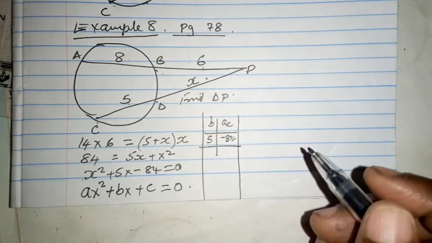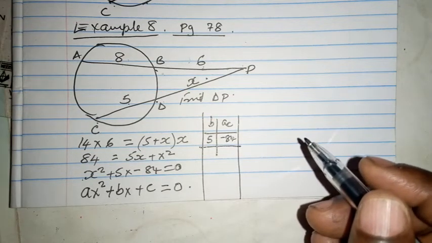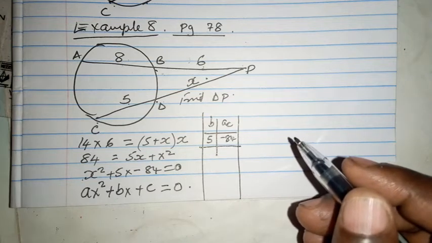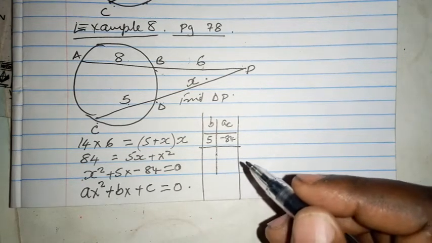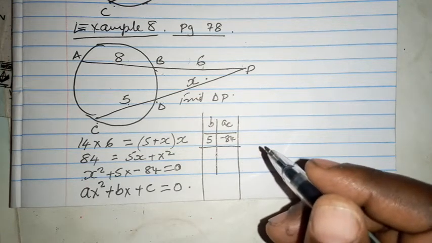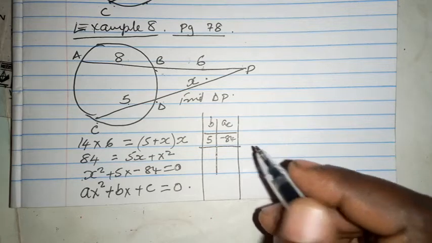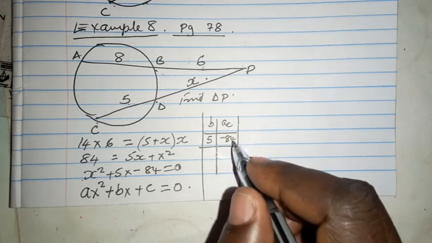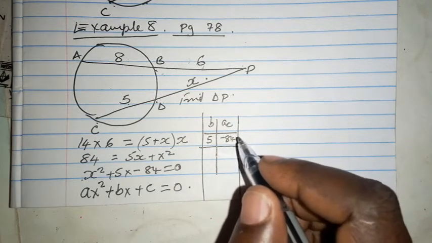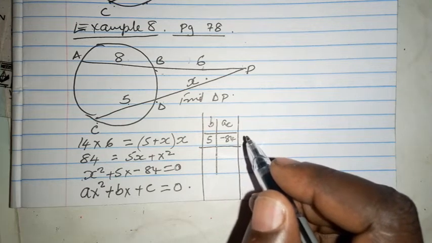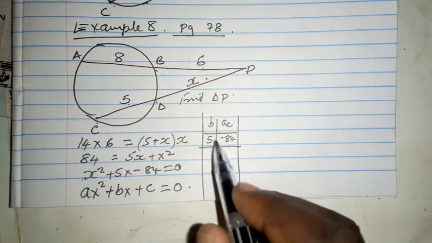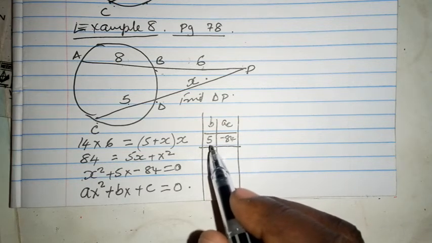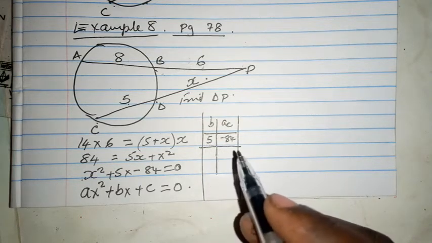We ask ourselves those two very popular questions: which two numbers do we add to get 5, and multiply to get negative 84? One of them has to be negative, because a negative times a positive is a negative number, and the negative number is less than the positive number, such that when we add them up we are left with a positive number.